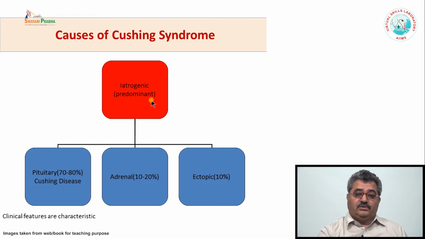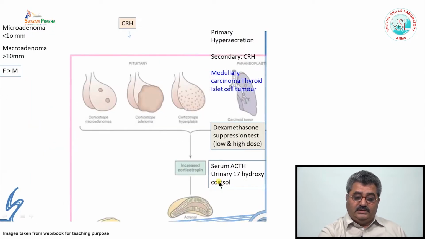As I mentioned, the most common is the iatrogenic, that is the steroid which is given for different diseases. The other cause is predominantly pituitary. About 70 to 80% of Cushing syndrome cases are pituitary adenomas. There may be adrenal adenomas, about 10 to 20%, and in less than 10% of the cases there may be ectopic production of ACTH.